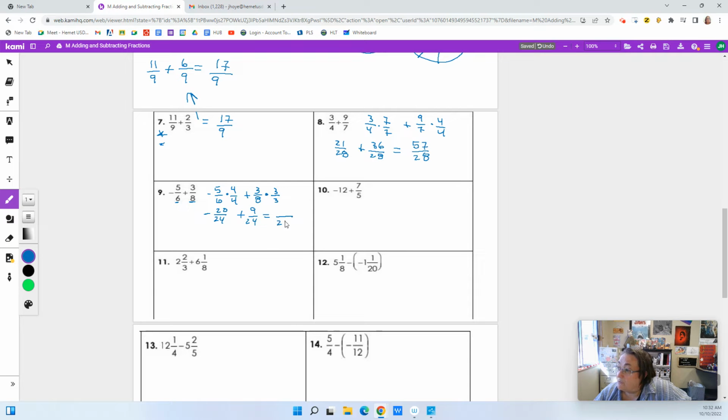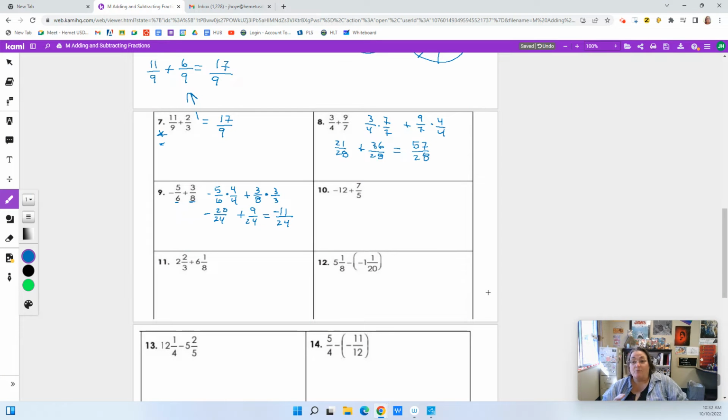It's just going to be 24. We just don't know what we've got here yet, right? So I have minus 20 plus 9. So we'll go 20 minus 9 is 11. And we'll give it the sign of the bigger number, which is negative 11/24.